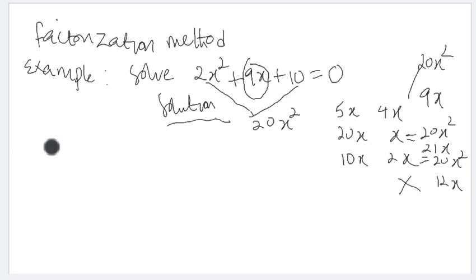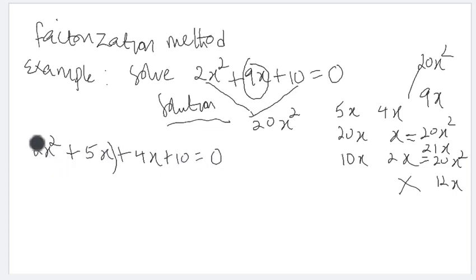So this becomes 2x squared. Now remove plus 9x, we replace it with 5x and 4x. So this becomes 2x squared plus 5x plus 4x plus 10 equals 0.